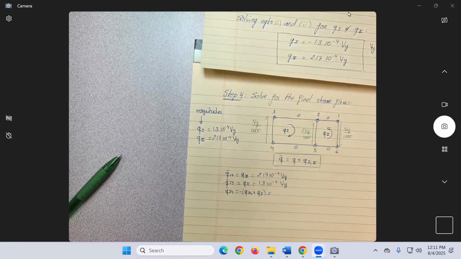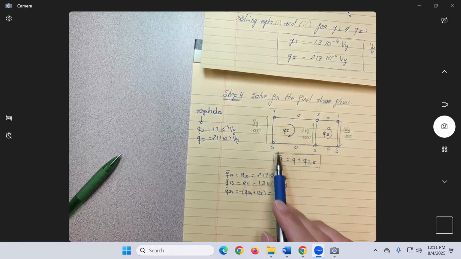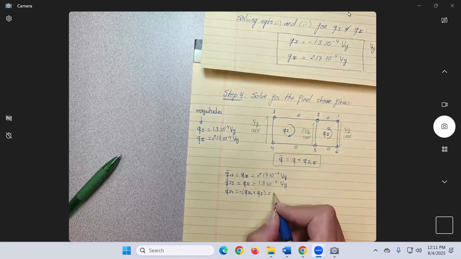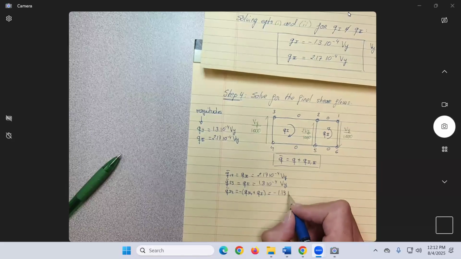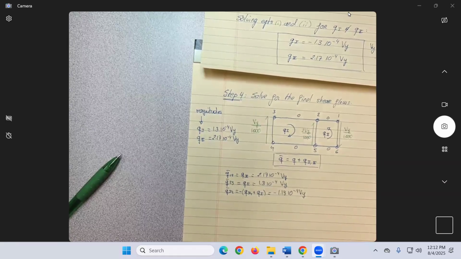Personally, I'd rather do it on the figure, but if you write the equation, so 1,2 is positive, 2,3 will be positive, this one will be negative, so minus, this will give you 1.13 10 to the minus 4 Vy. Then Q bar 45 would be equal to what?